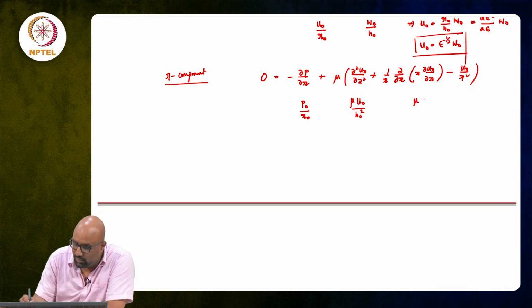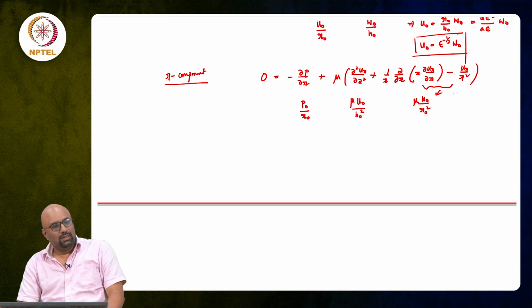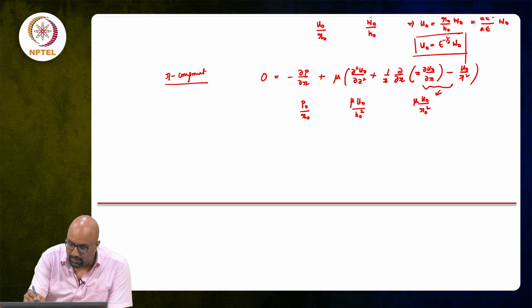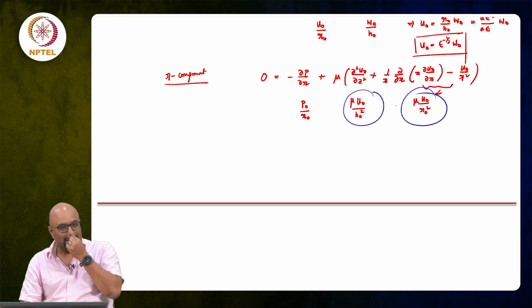This term is mu u naught by R naught square, and this is also applicable for the third term. These are scales for each term, that is, what would be the typical scale of these components in your viscous force per unit volume. Now, between these two terms, which one is going to be larger?